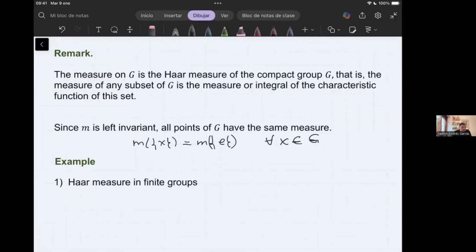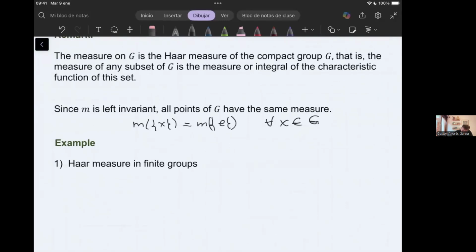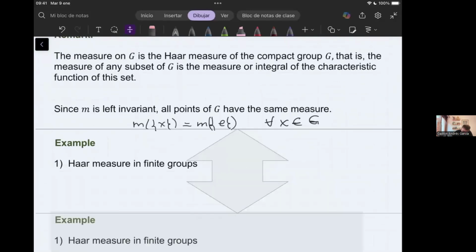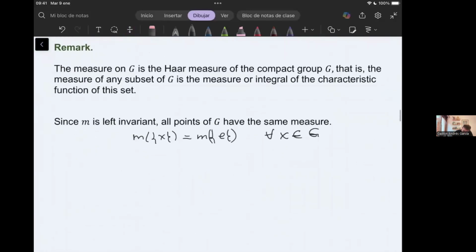We also assume that the measure of 1 is 1. In our notation, this is the function 1 on G, and this is also the measure of G because it is the characteristic function on G. So the measure of G is 1.